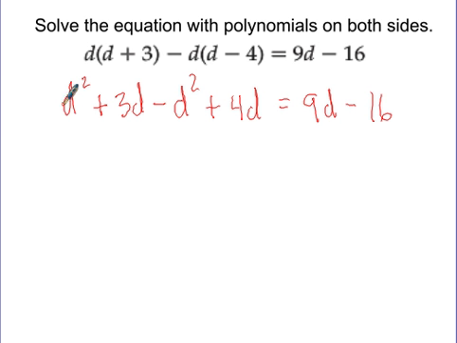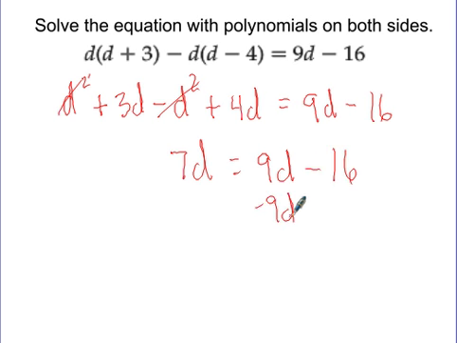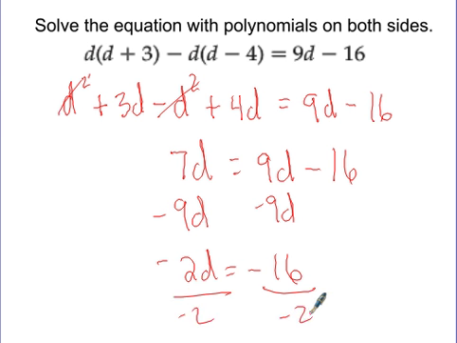Simplify on this side, d squared minus d squared, those go away. 3d plus 4d, 7d. We're just combining like terms is all we're doing. And that equals 9d minus 16. Now what? Subtract 9d. So negative 2d equals negative 16. D equals 8.